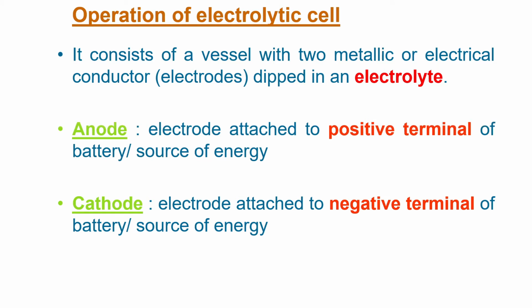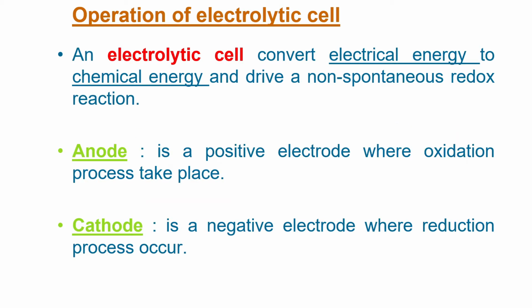So the anode is attached to the positive terminal of the battery or source of electricity, and the cathode is attached to the negative terminal of the battery. So what is the difference between an electrolytic cell and a galvanic cell? This electrolytic cell converts electrical energy to chemical energy. We say this is a non-spontaneous reaction. Okay, so the process at the anode is oxidation, and at the cathode is reduction.